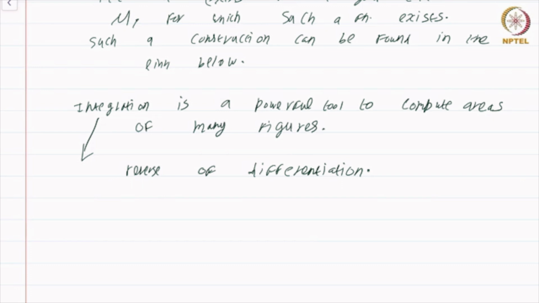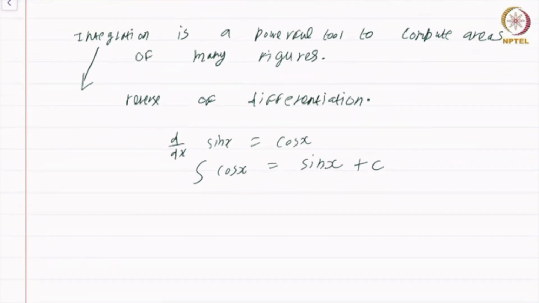I was taught that d by dx of sin x is cos x, therefore integral of cos x is sin x plus c, otherwise you will lose a constant. But this is the way I was taught, that integration is the reverse of differentiation.